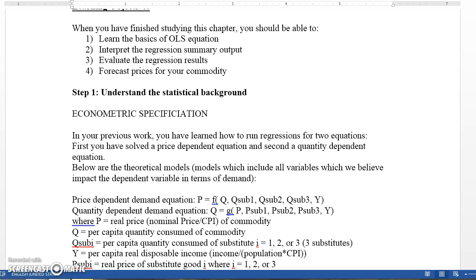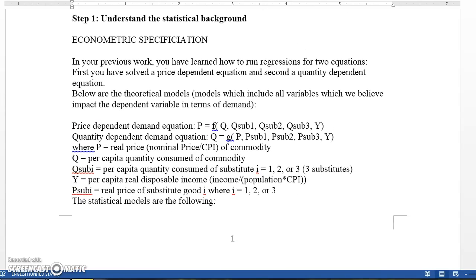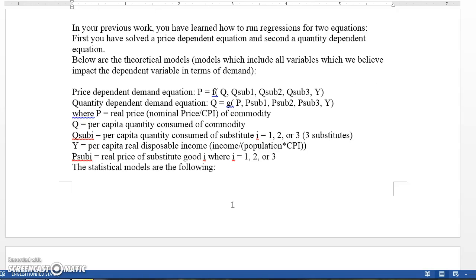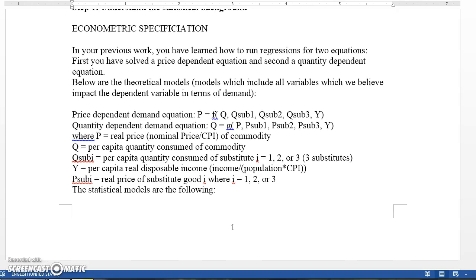Okay, in this first step, I have provided you some econometric specifications of your models that you have used. This information is posted on Blackboard, and I have also gone through this information during the lecture.